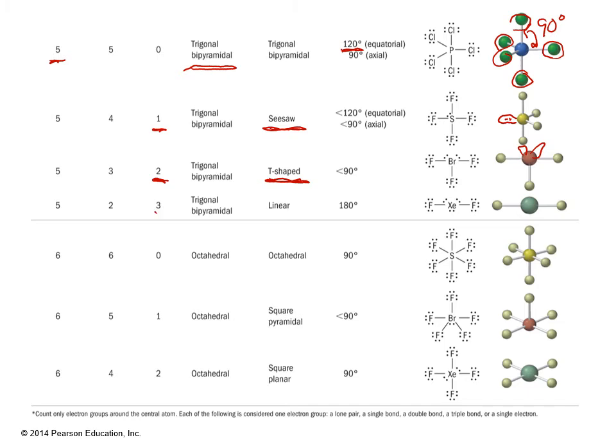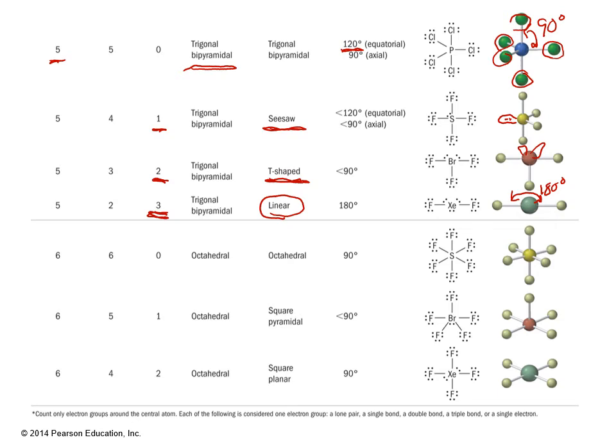If we have the case of having 3 lone pairs, all 3 of the lone pairs are found on the equatorial position. This leaves the 2 axial atoms so they can be as far apart as possible. And this results in a linear shape with a bond angle of exactly 180 degrees.